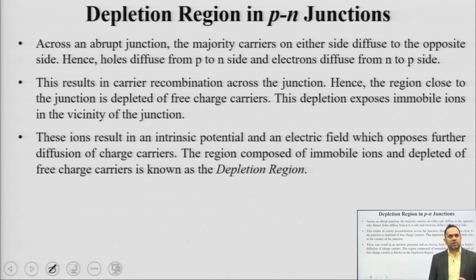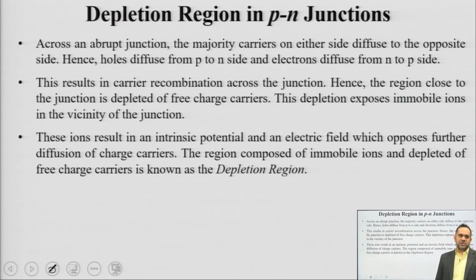N side has lot of electrons and p side has very few electrons. Because of this, there is a concentration gradient for both holes as well as electrons. So, holes start to diffuse from p to n, electrons start to diffuse from n to p. This is the first thing which happens, that the diffusion starts to take place.